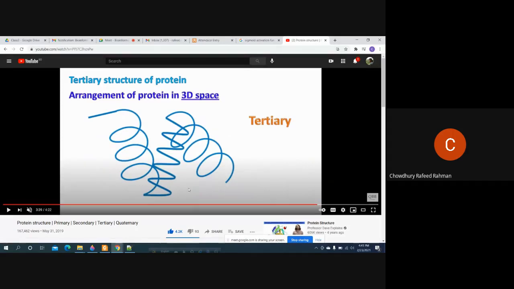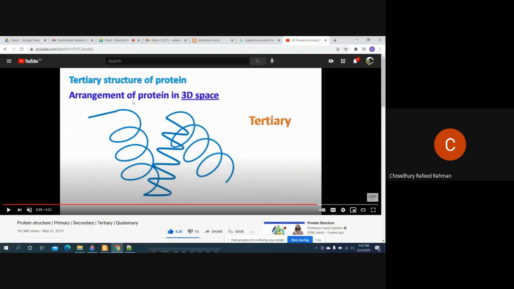In 3D, these are secondary structures of protein. The different portions of protein hold different secondary structures. These secondary structure portions make some angles between them and stay in 3D space, coiled like that.